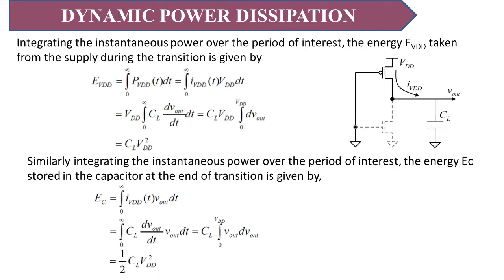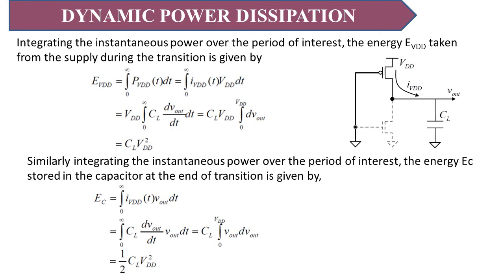Now moving further, the energy taken from the supply during the transition is given by the integration from 0 to infinity of P_VDD dt. Suppose P_VDD is the power of this supply voltage source, which is time dependent, and this can also be written as I into V. So if I_VDD is the current drawn from this supply voltage, times VDD, this can also be written in the form of capacitance as C_L dVout/dt.